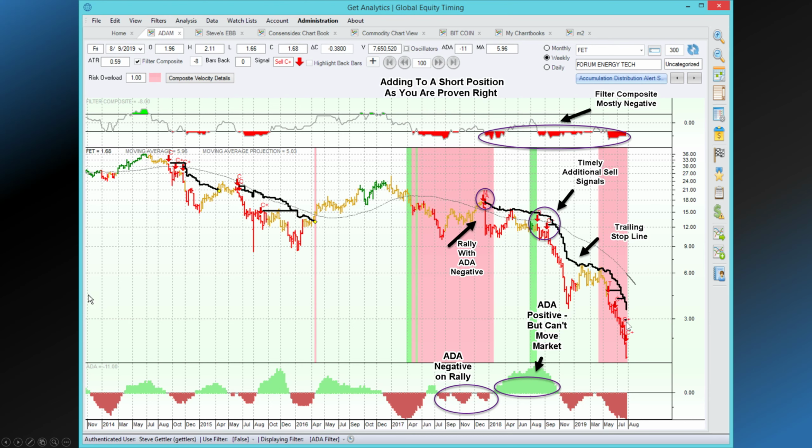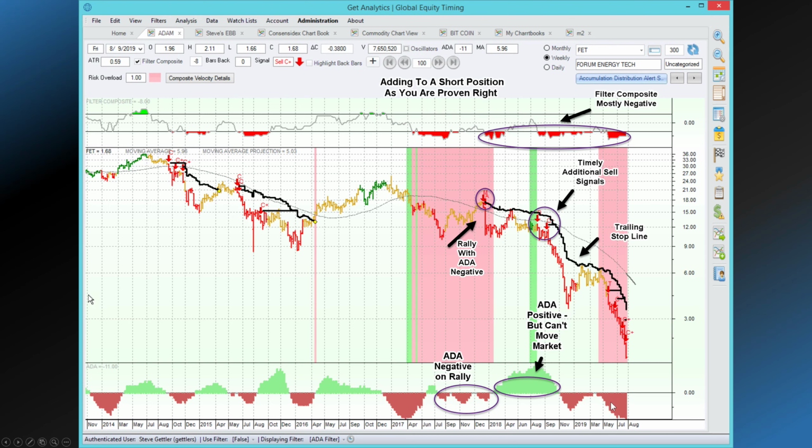Over here we have more sell signals, and notice that now ADA is operating in its normal fashion on the rally. Buying cannot come into the stock at all. Selling pressure remains even though price moves higher. So when we see that sort of a pattern, we definitely want to get short. And as you can see, this pink area in here is our ADA algorithm, which is saying that we are having distribution.